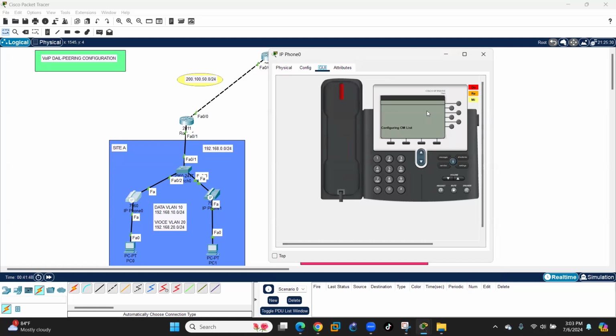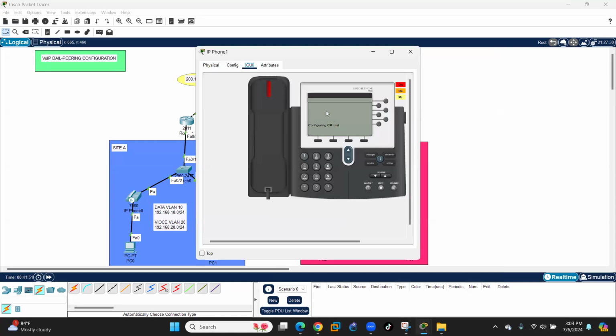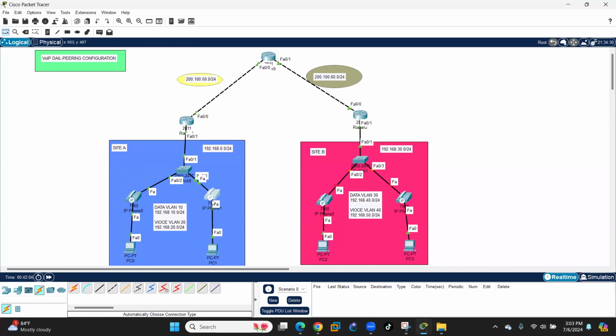Let's wait for the configuration. The number is supposed to appear on this phone. Once the number appears, we can dial this to this before we move across the internet.